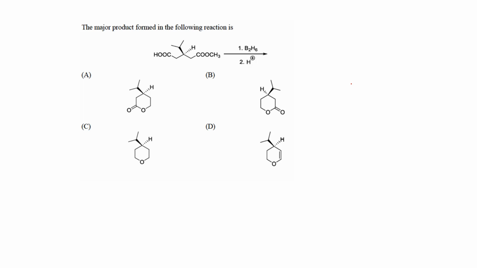Next, what will be the major product formed in the following reaction? They have taken this substrate, which contains an acid as well as an ester, and they have added B2H6, that means the borane. In presence of borane, which will get reduced? I will give you 2 seconds. Think which will get reduced. I have already told.